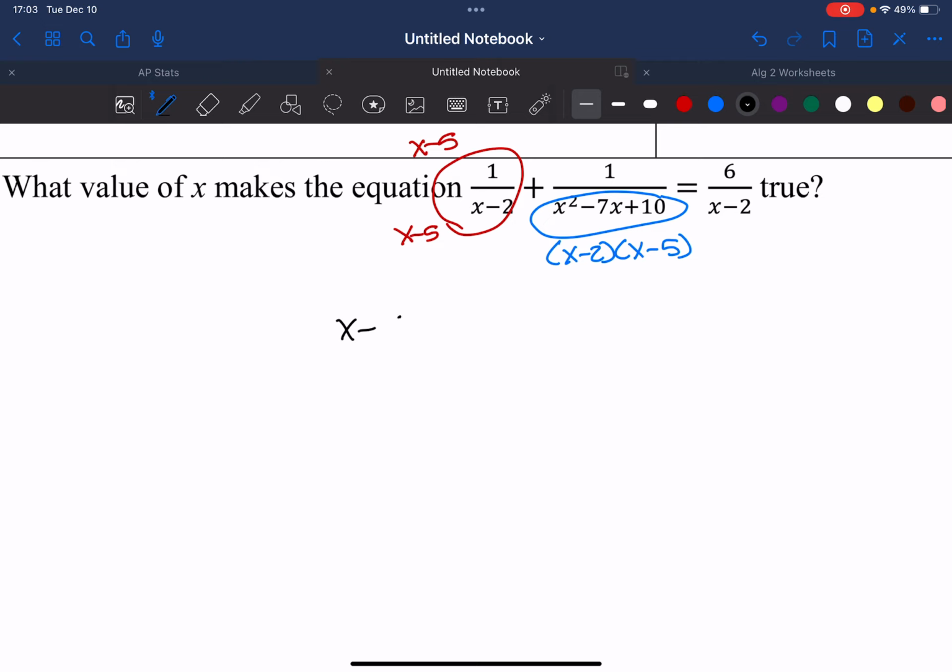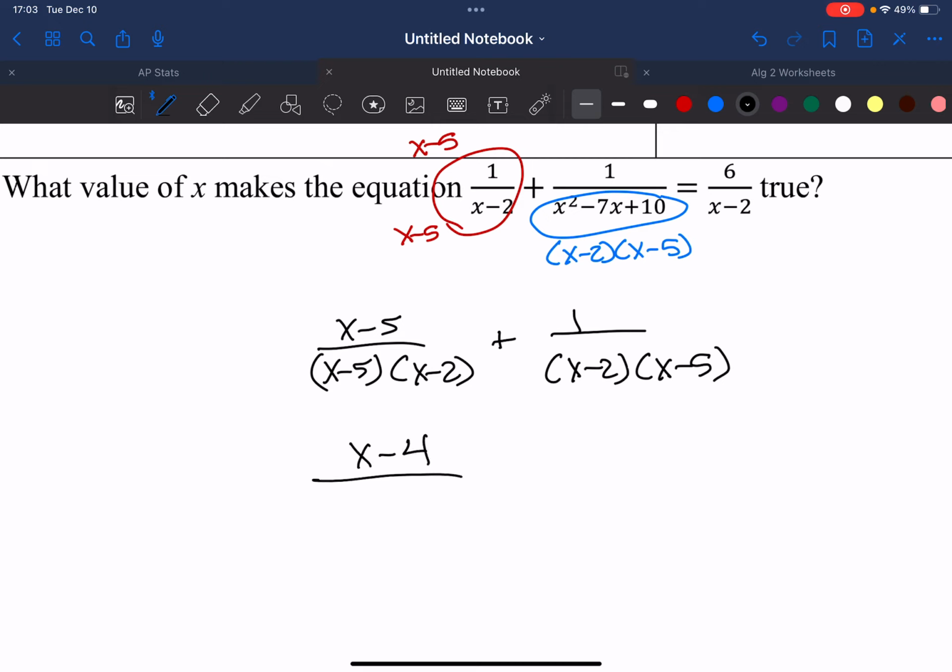So I have x minus 5 over x minus 5 times x minus 2 plus 1 over x minus 2 times x minus 5. This is equal to x minus 4 over x minus 5 times x minus 2 is equal to the other fraction, 6 over x minus 2.